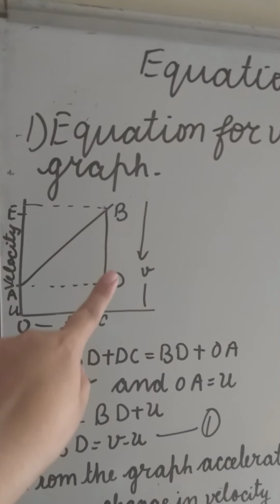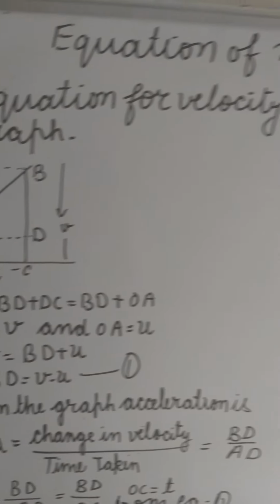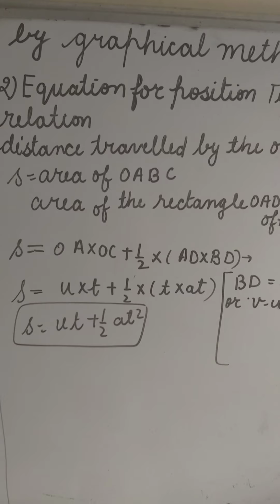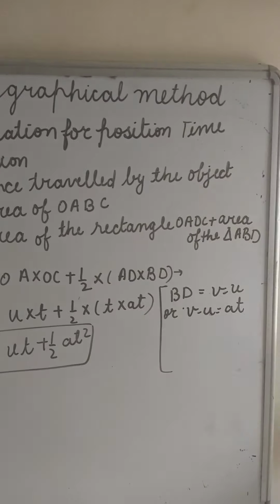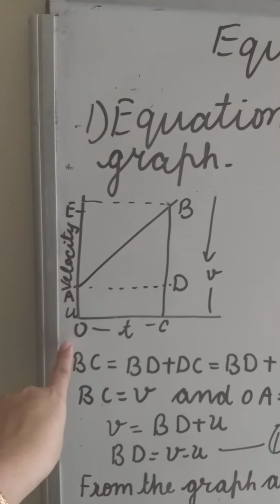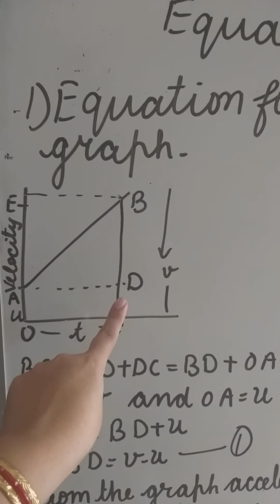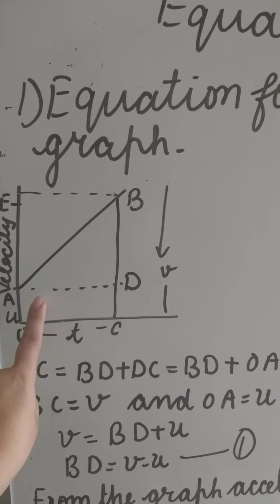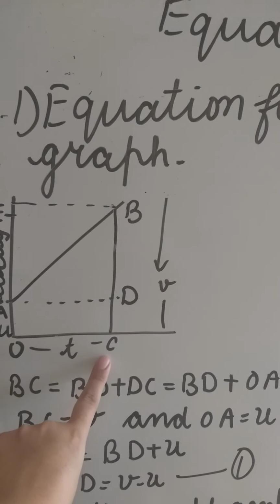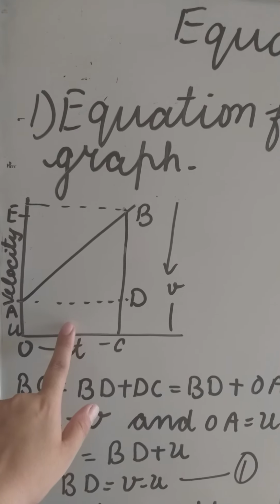OABC is a trapezium, so we will take out the area of the trapezium here. The area of OABC is the area of rectangle OADC plus the area of triangle ABD. First of all, we will take out the area of this triangle and the area of this rectangle.